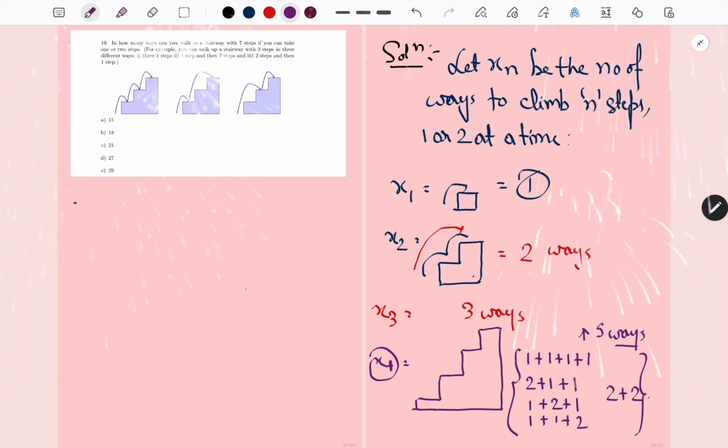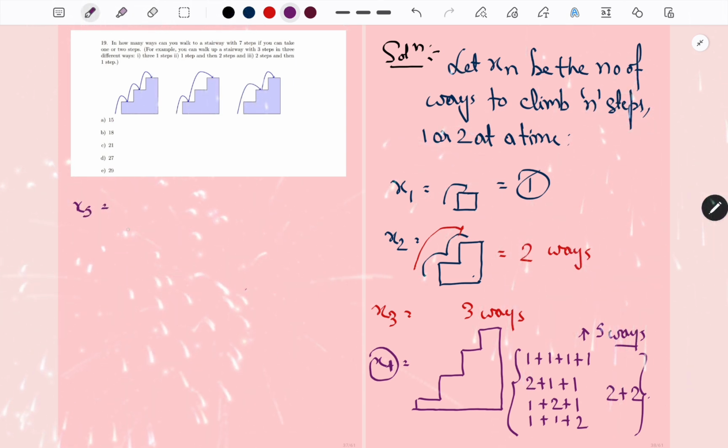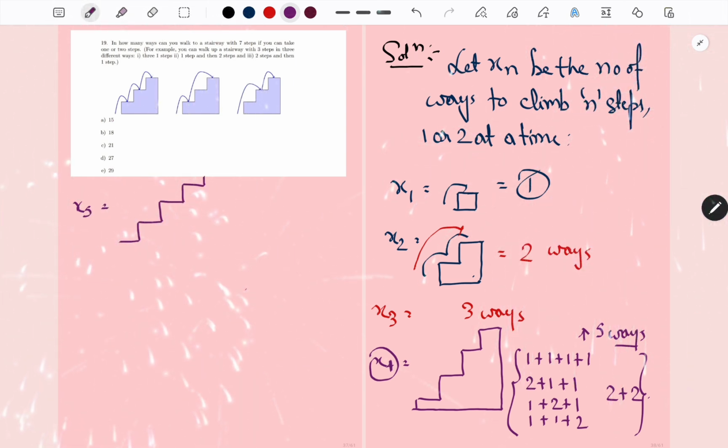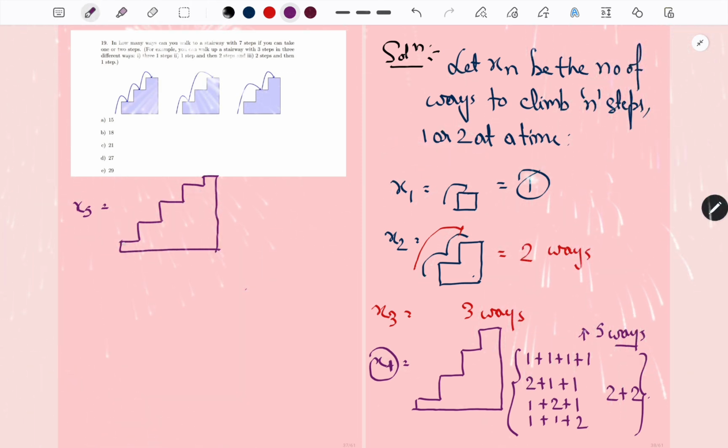So if we go for x5, that is if we need to climb 5 steps, what are the possible ways? Let's see. If we count 1 2 3 4 5, how can it be split up? It can be 1 1 1 1 1, meaning there are 5 steps, each taken 1 at a time.